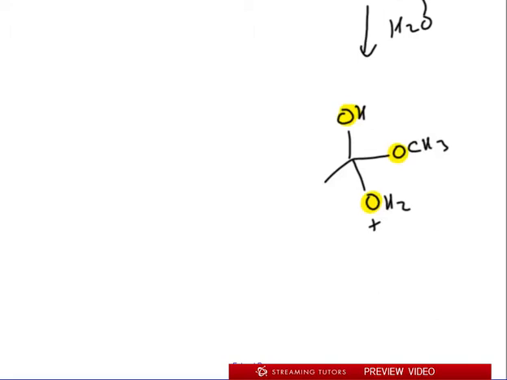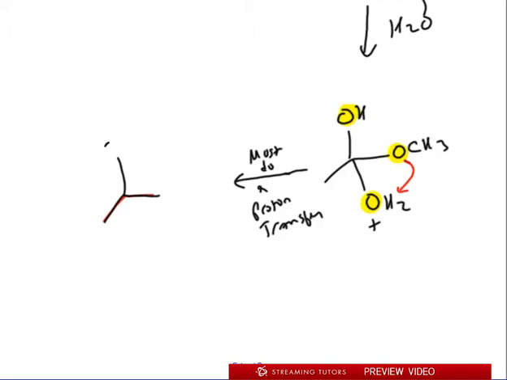In this case, you have to do a proton transfer. We must do a proton transfer. This isn't an option. You have to do this. If you want the OR to leave, then you have to transfer the proton. So we go like this. We go here and pull that H. And now we have the one that we want to leave ready to go.